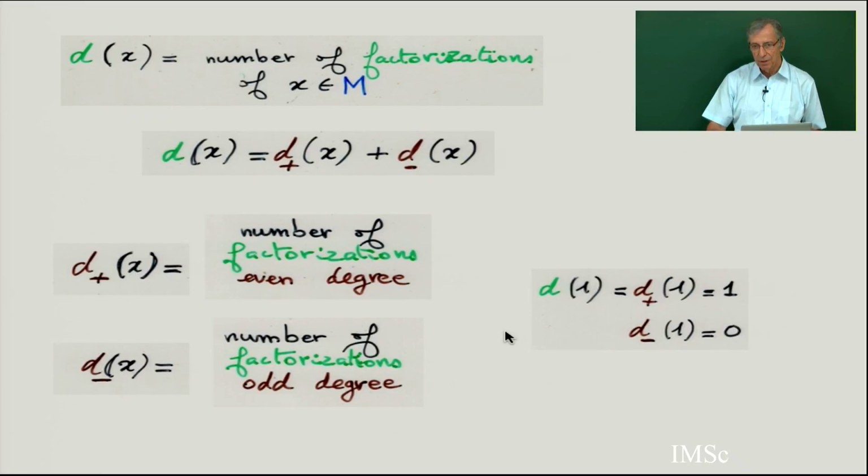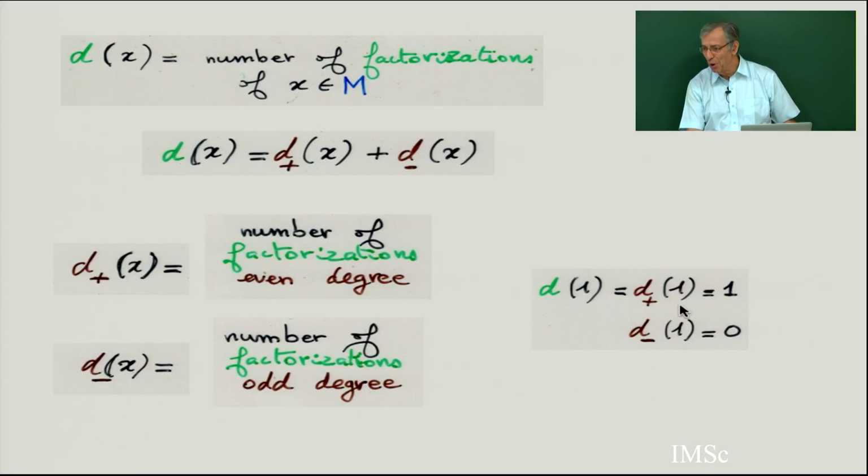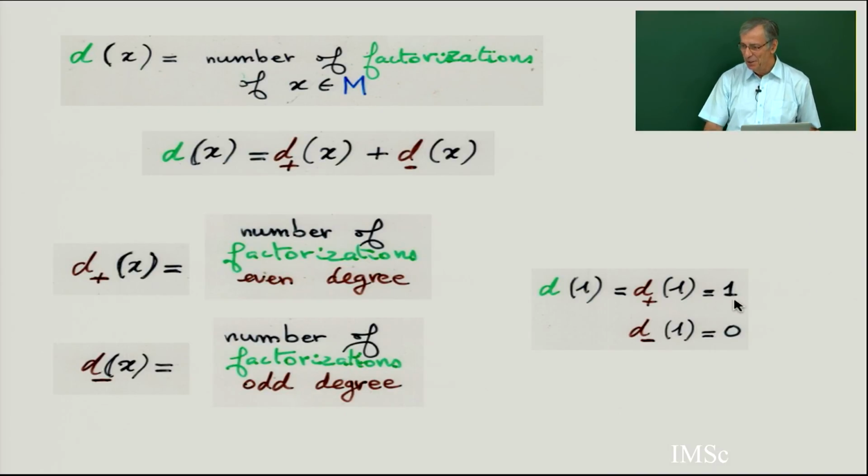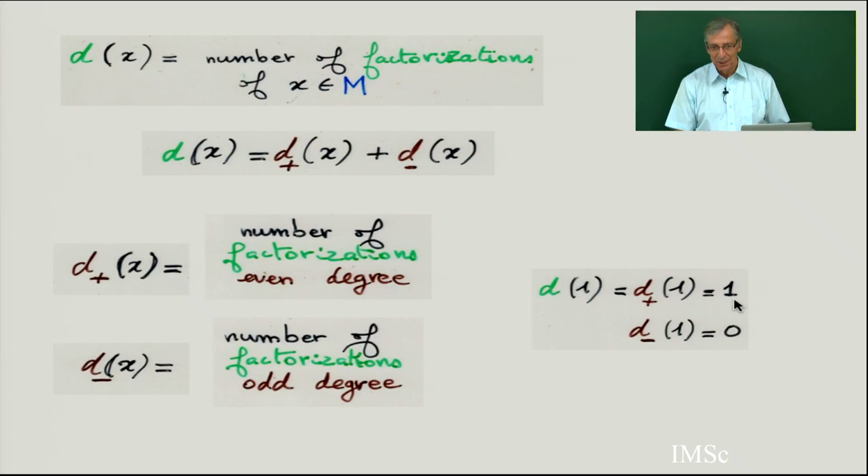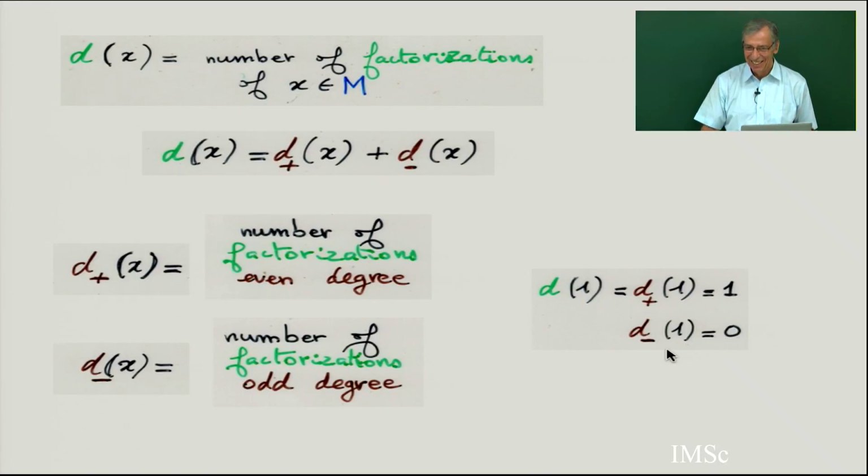By convention, d of 1 is d plus of 1. There is only one factorization, the empty factorization, with degree 0. So d plus of 1 is 1, and d minus of 1 is 0.